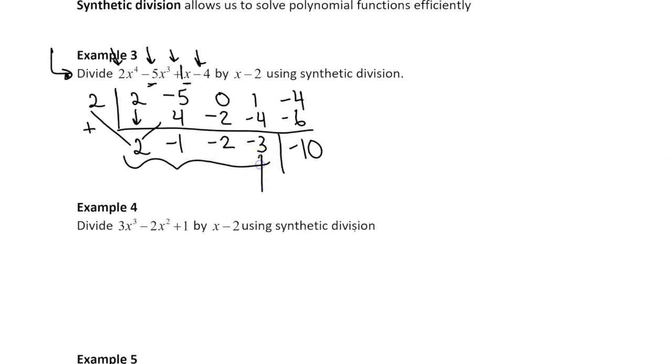So starting at the very back with this negative 3, that's going to represent our constant, and then we're going to work our way up. So that's going to be our x term, x squared term, x cubed term. So we could actually say that our quotient is going to be 2x cubed minus x squared minus 2x minus 3 with a remainder of negative 10.